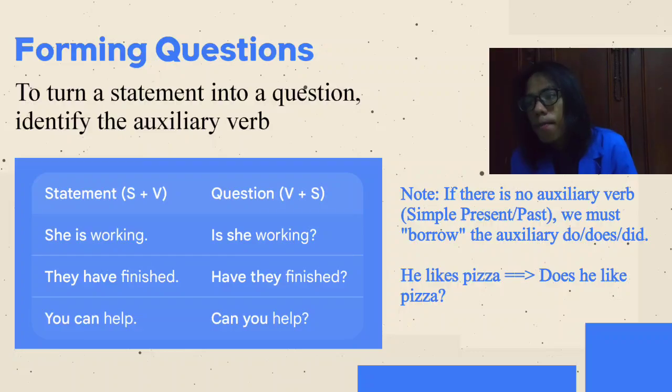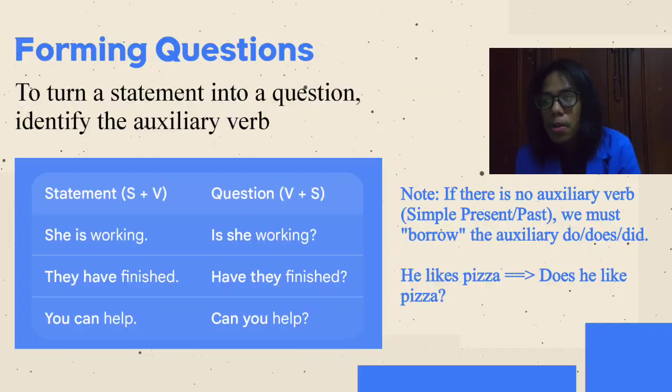Okay, first, forming questions. To turn a statement into a question, identify the auxiliary verb first. So in the statement in this table, she is working, the auxiliary verb is is, and to make the question, we invert the auxiliary.